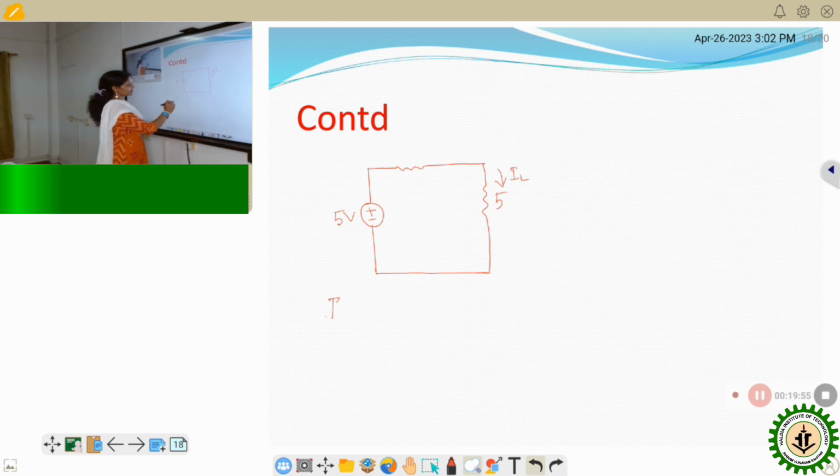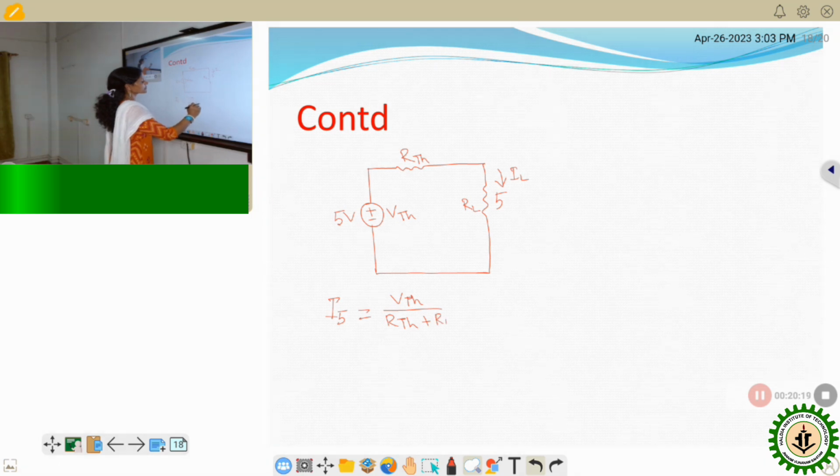If I indicate that as I5, then I5 will be equal to VTH by RTH plus RL.